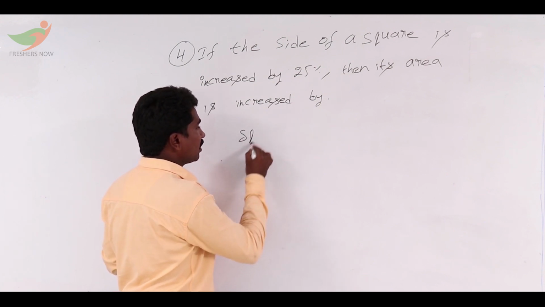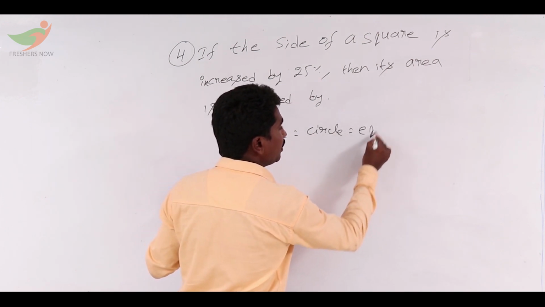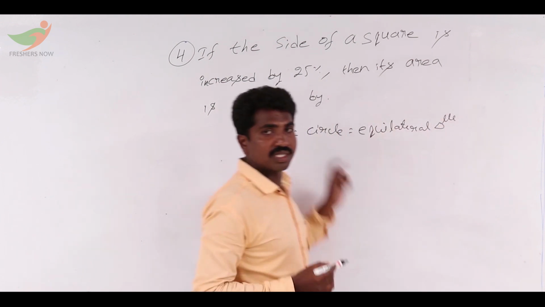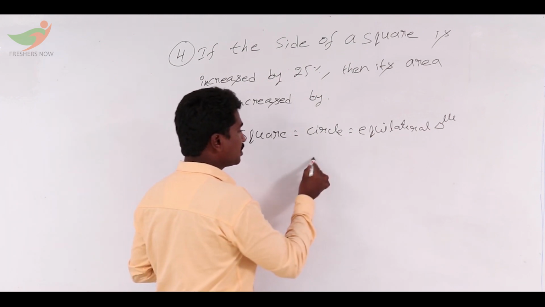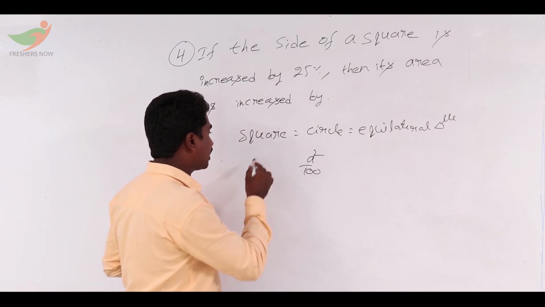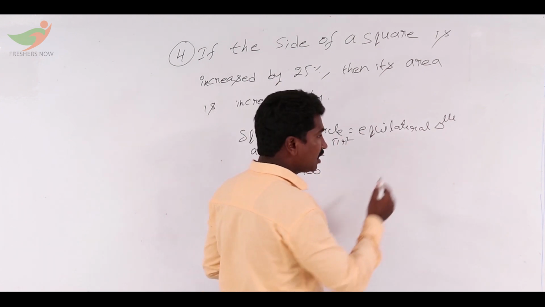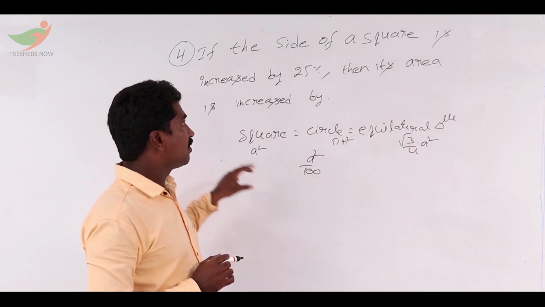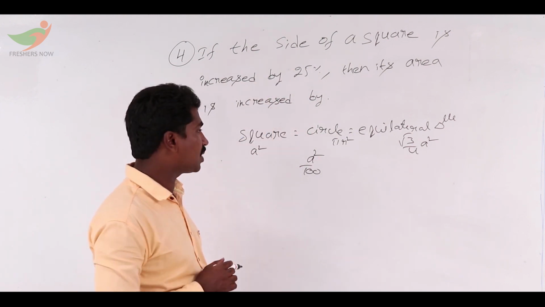For square, circle and equilateral triangle, to find the change in area, we can use the formula a squared by 100. Why? Because the area of a square is a squared, circle area is pi r squared, and equilateral triangle area is root 3 by 4 into a squared.